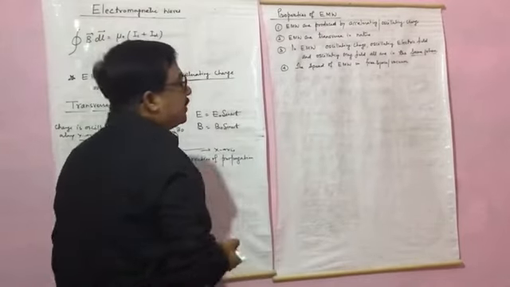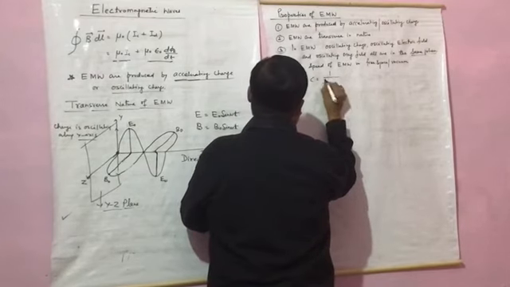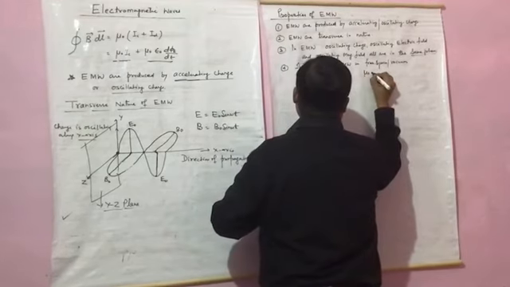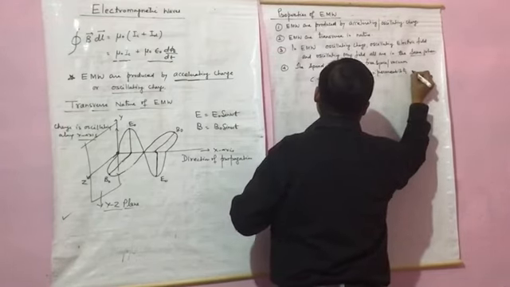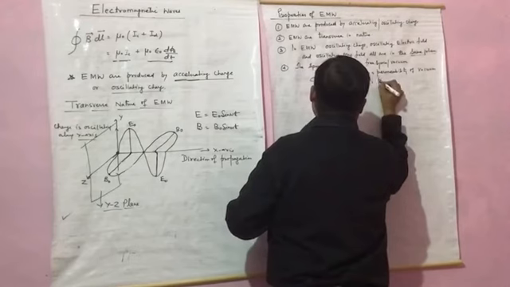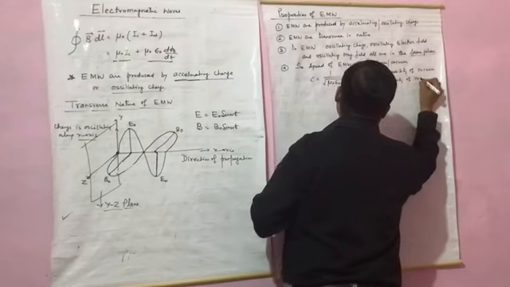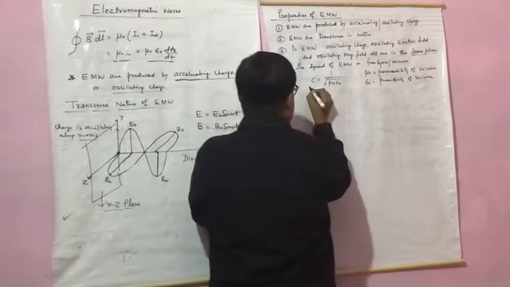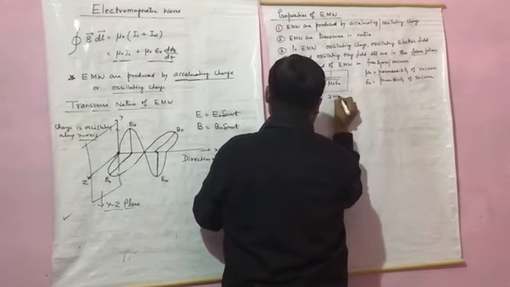The speed of electromagnetic waves in free space or vacuum is given by c is equal to 1 by under root mu naught epsilon naught, where mu naught is permeability of vacuum and epsilon naught is permittivity of vacuum. And we know the value also is 3 into 10 to the power 8 meter per second.